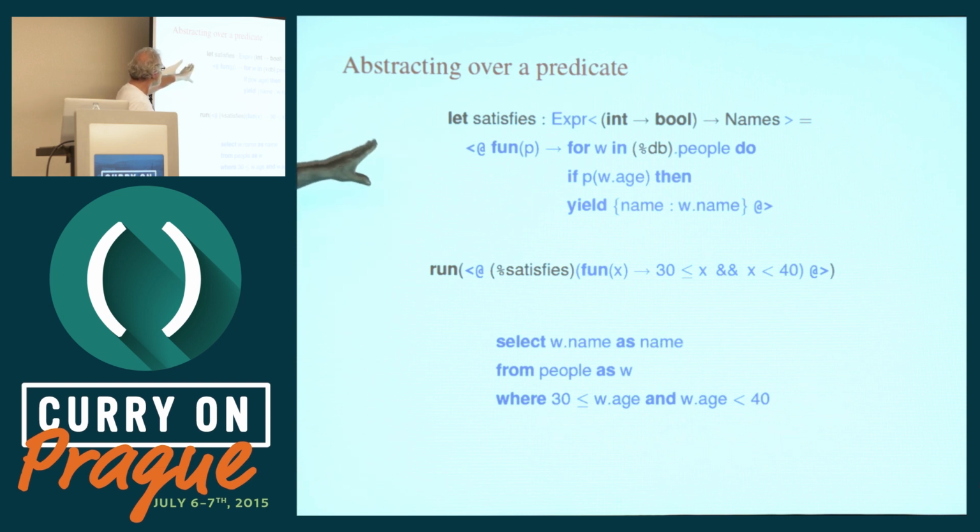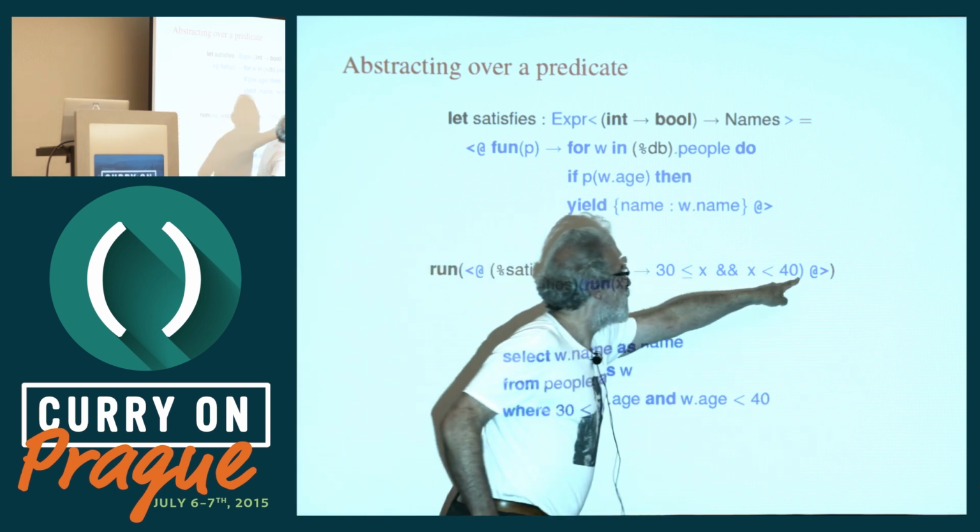It's a function. It takes an argument p, which is our predicate. It loops w over people again. If p holds of w's age, then we return the name. Here's a predicate that we can apply satisfies to. It's a function of x, which is true if 30 is less than or equal to x and x is less than 40.